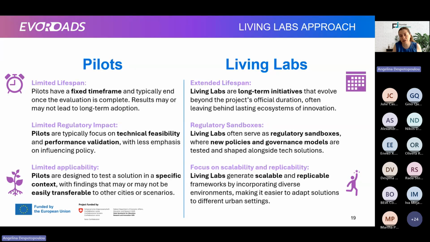The living labs, which are longer term initiatives, can also serve in that direction, because they are extroverted by nature. You can invite a variety of stakeholders, and among them there can be, of course, regulators and people from the state and the municipality, depending on what you're trying to do.